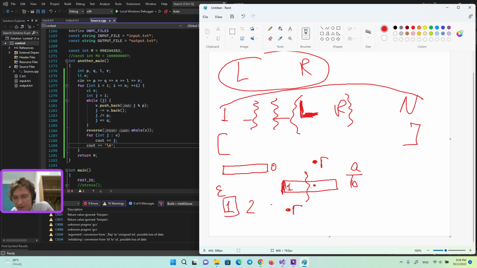What happens then? I multiply by r. This is even more. So assume that this is a fraction and its denominator is divisible by some prime number x from q.